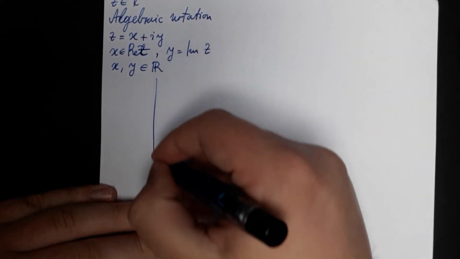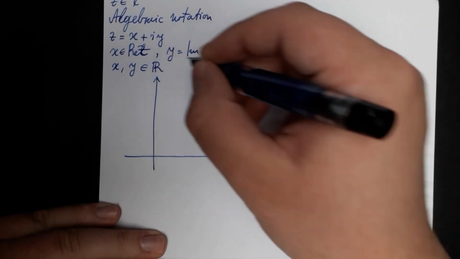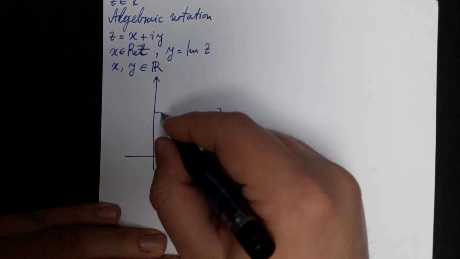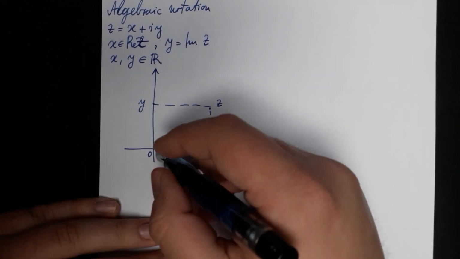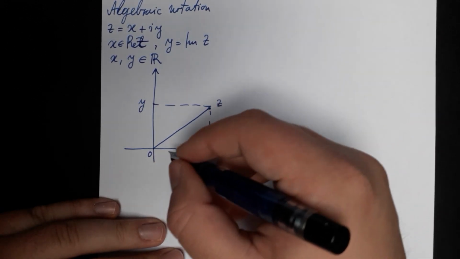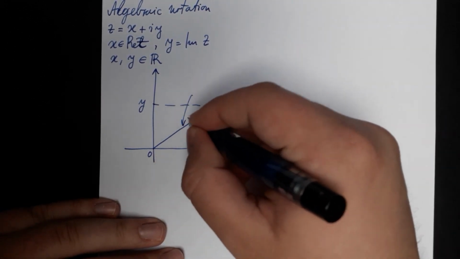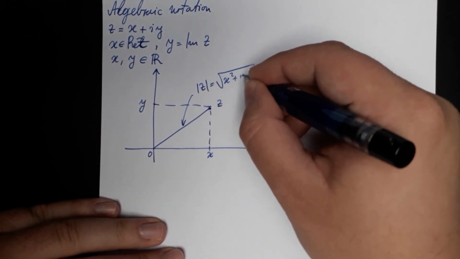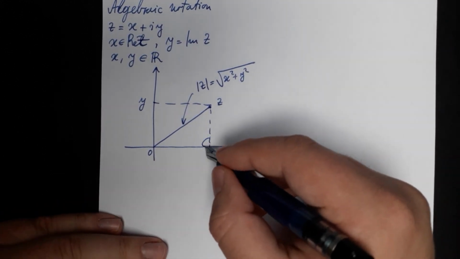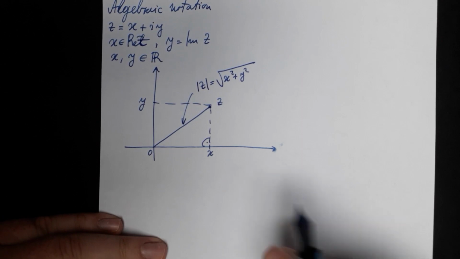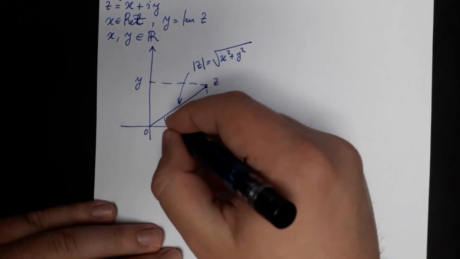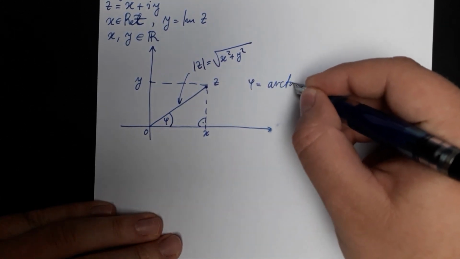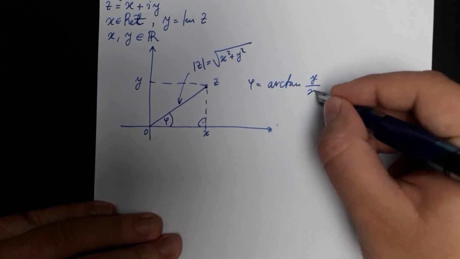What that means is that when we put everything into a coordinate system, we have number z, we have its value x, and we have the value y. Well, that basically leaves us with this line right here, which has a length of module of z, which is the square root of x squared plus y squared, basically the Pythagorean theorem on this right triangle right here, and we are left with an angle phi, where phi is arctangent of y over x.